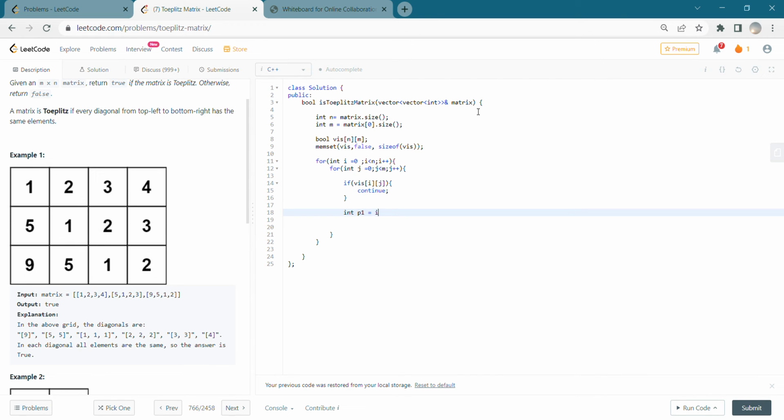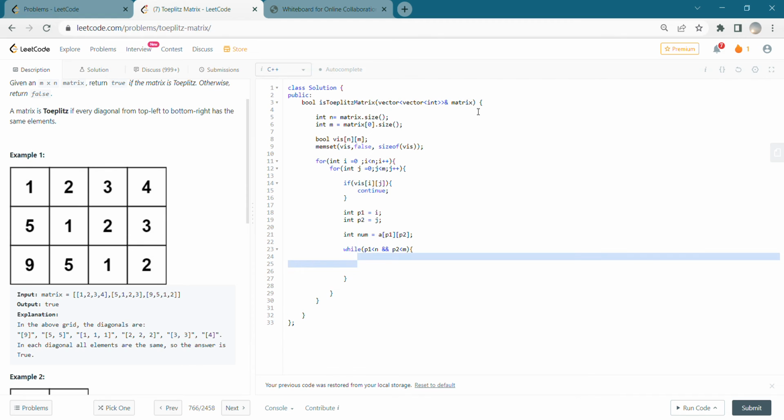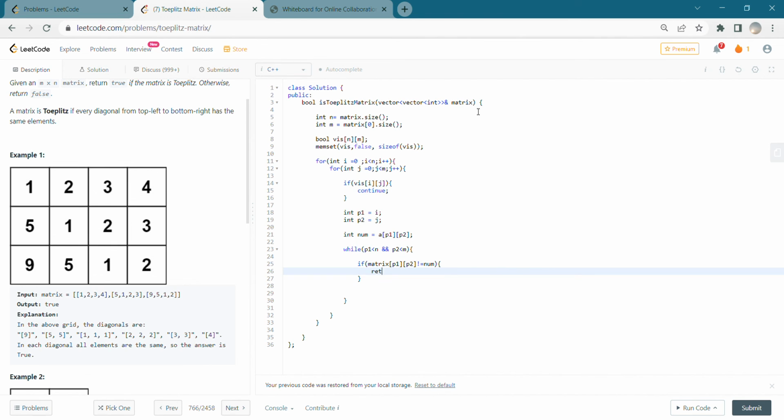So p1 would be i, p2 is j, and we have a num which is the value at this index. We iterate while p1 is less than n and p2 is less than m, so that it does not go out of the bound of the matrix. If we find that the matrix value at p1, p2 is not equal to num, then we return false, since the matrix is not Toeplitz.